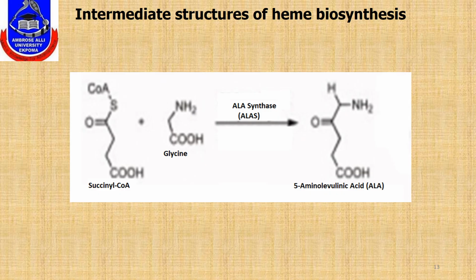Now, let's look at the intermediate structures of heme biosynthesis. From the mitochondria, like I mentioned earlier, the synthesis of heme commences with succinyl-CoA and glycine reacting together. That reaction is catalyzed by ALA synthase, and the product is 5-aminolevulinic acid, in short, ALA.